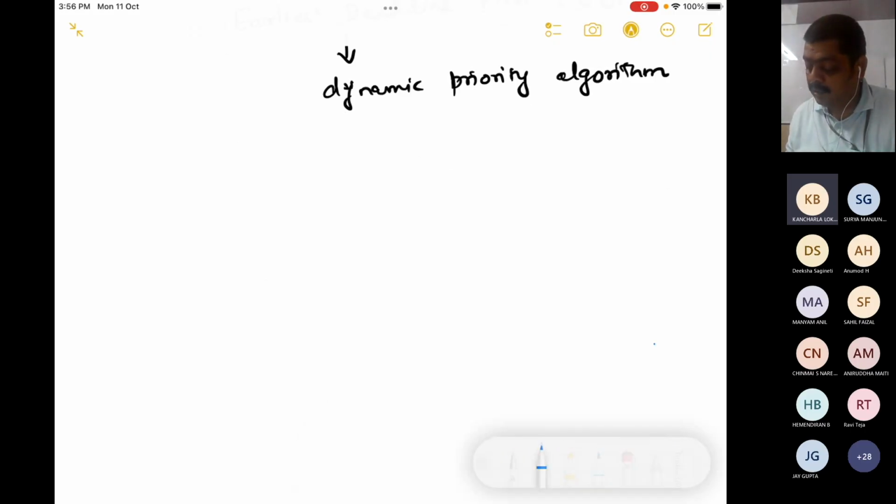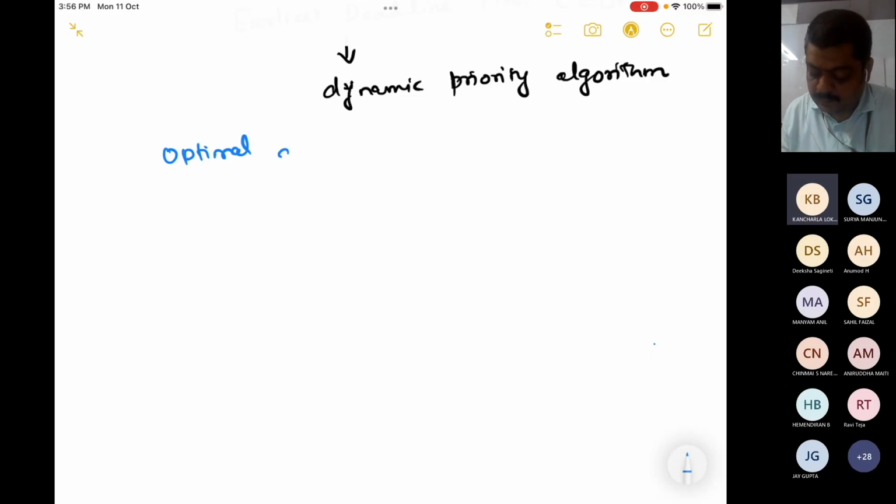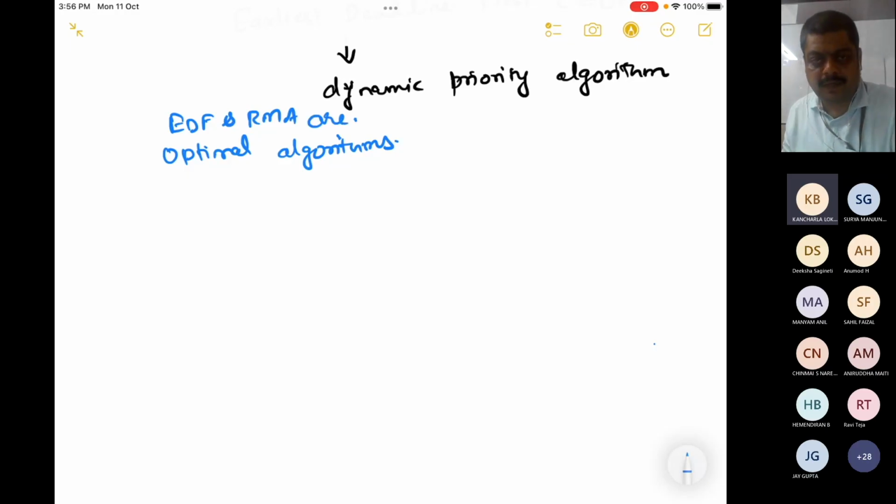So EDF and RMS are both called optimal algorithms. So what is meant by optimal?